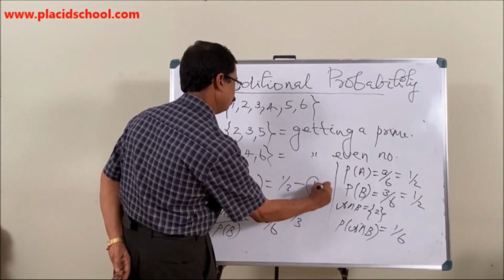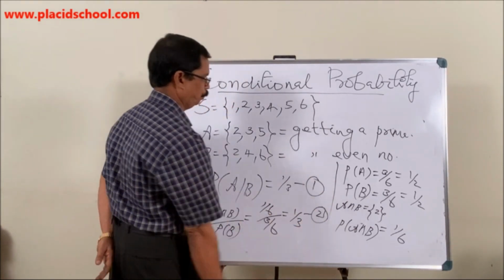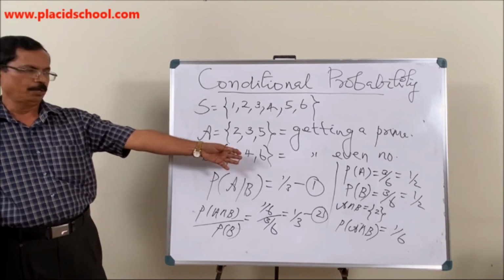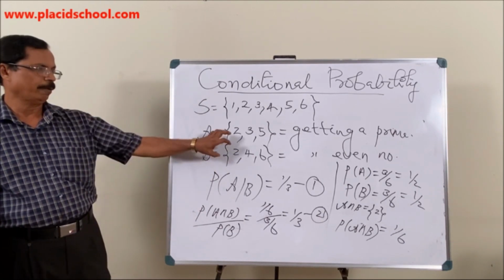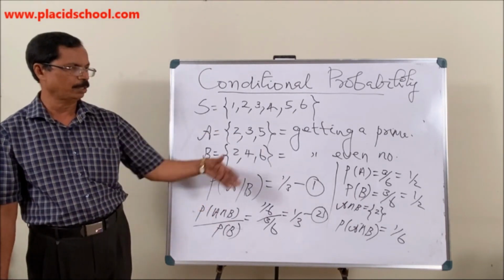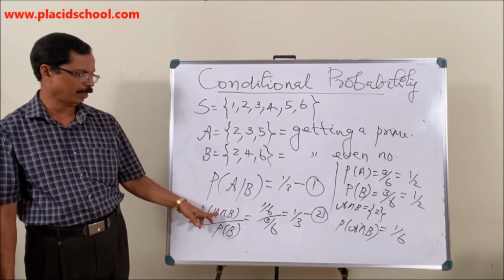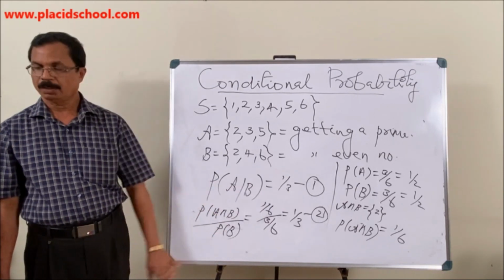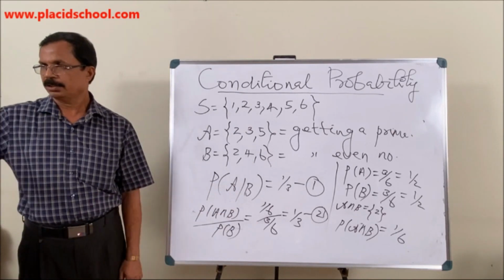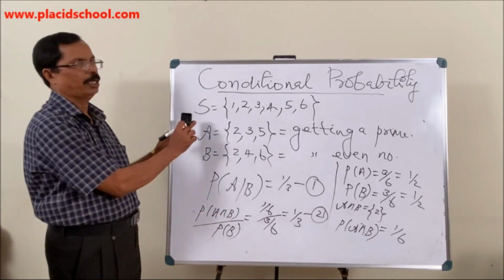Look at this, equation 1 and equation 2. From 1, we directly wrote the value, that is 1 by 3. By observing B alone, you can immediately write the answer. But in the second case, we apply a formula, that is P of A intersection B divided by P of B, which is 1 by 3.